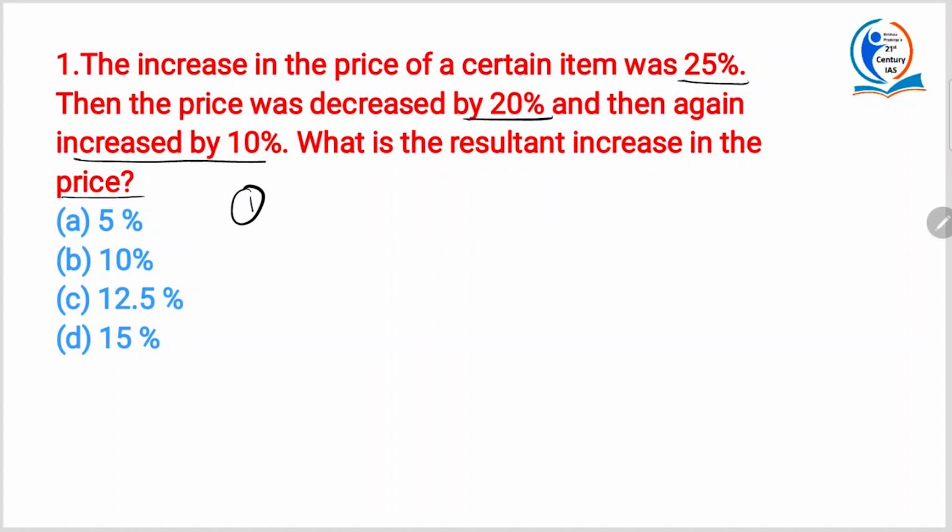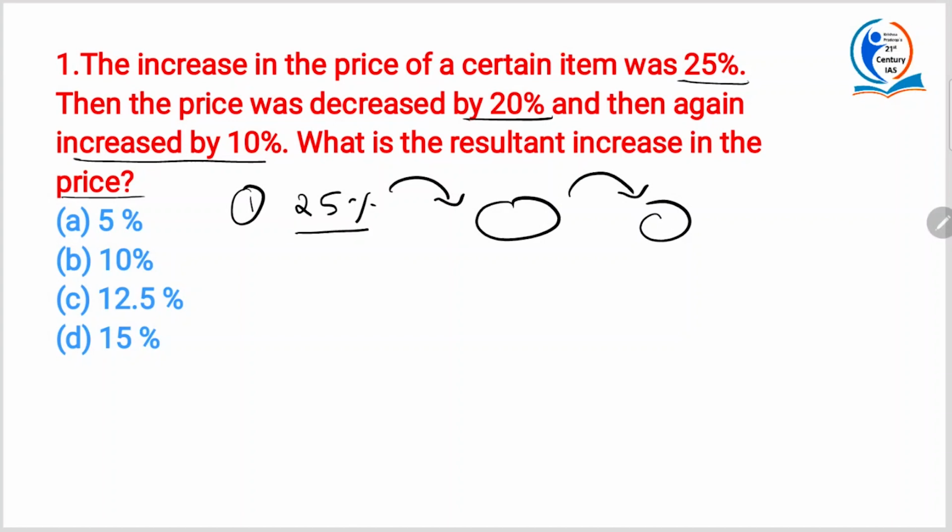One, as I already told you in the previous sessions, you have to convert percentages into fractions and decimals. You have to be very thorough with these conversions, which means 25% is 1/4, or 0.25.